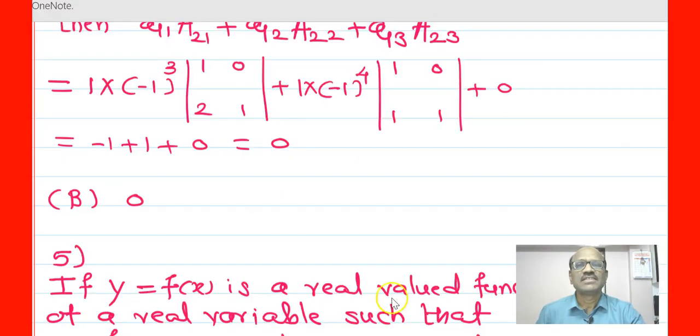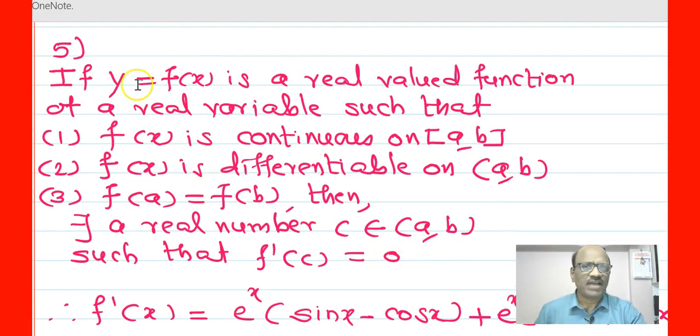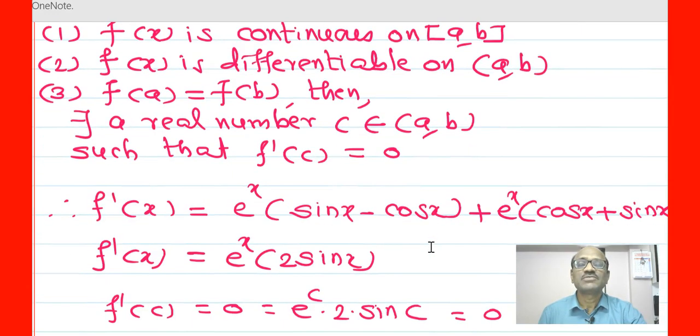Now see the answer. If y equals f of x, a real valued function of a real variable, is continuous on a closed interval a b and differentiable on a b, and f of a equals f of b, then there exists a real number c in the interval a b such that f dash of c is equal to 0.